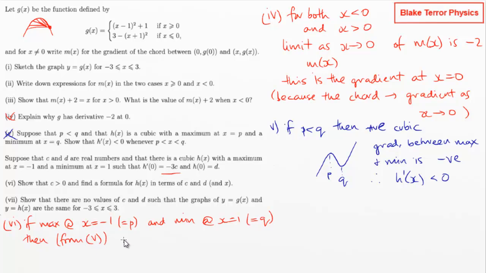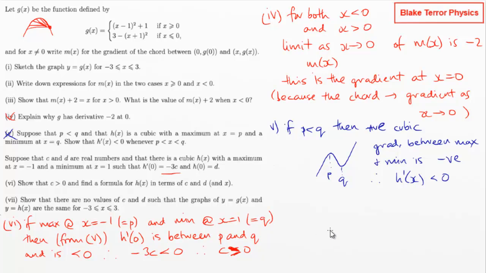We've got that h dash of 0 is between p and q and is less than 0. Therefore, minus 3c is less than 0. Therefore, c is greater than 0. Cool.